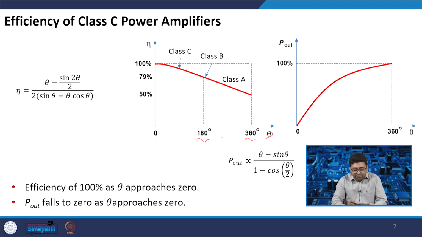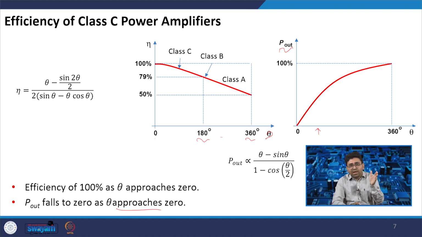There is also a trade off observed: if the conduction angle approaches 0, the output power, P out, will also reduce to very little. So there is a trade off between the maximum output power that we get and the efficiency that we get versus theta, which is given in this other plot.